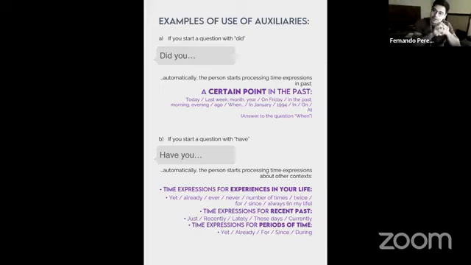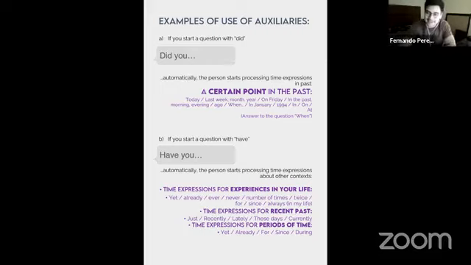Together, they give context. If you don't match the auxiliary with the time expression, you don't have context, and I don't understand you. You see? So the correct strategy is to match the time expression with the auxiliary.